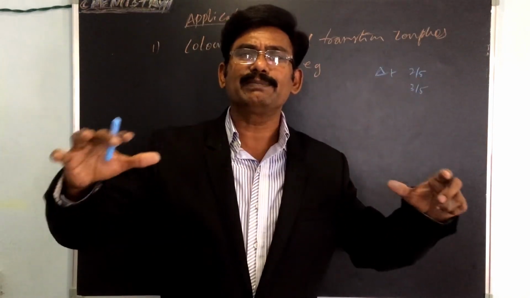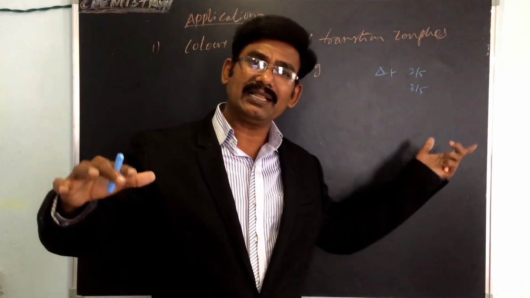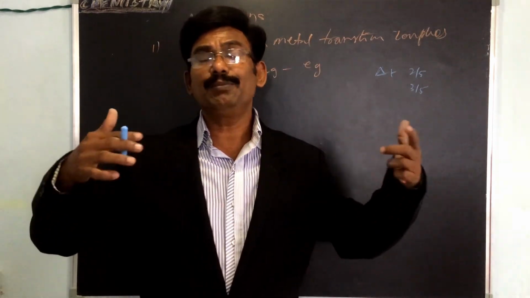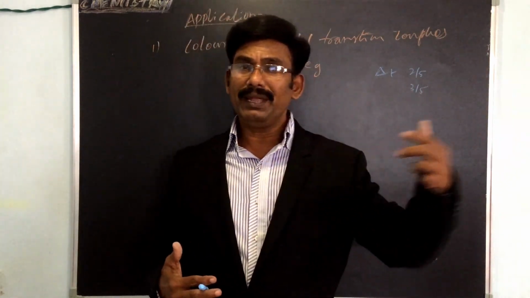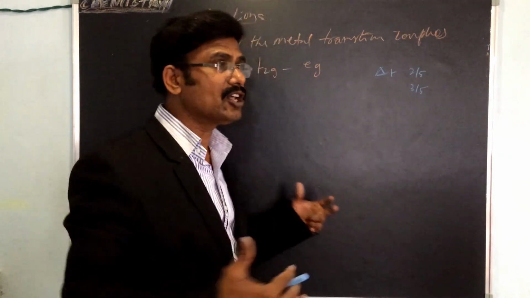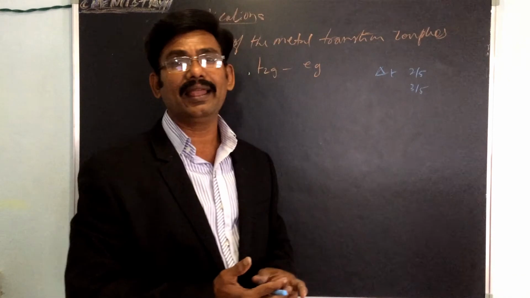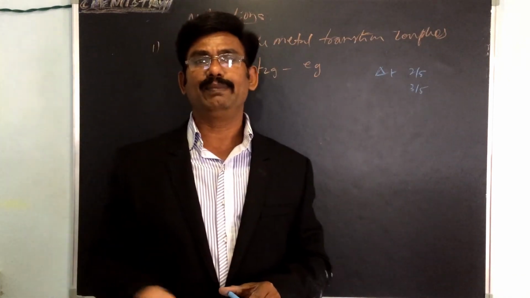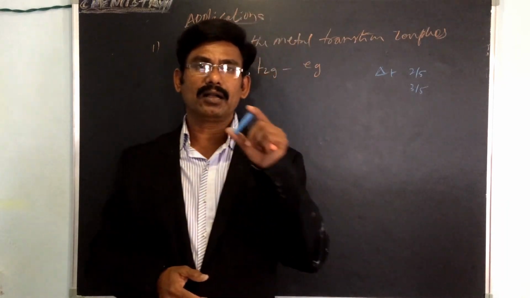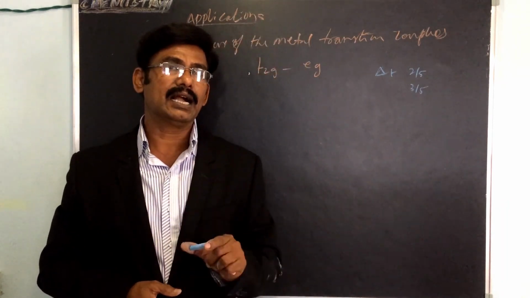When the splitting takes place between the eg and t2g orbitals, the color will come. That depends on the direction from which the ligands approach the metal ion. So this is about the color of transition metal complexes.